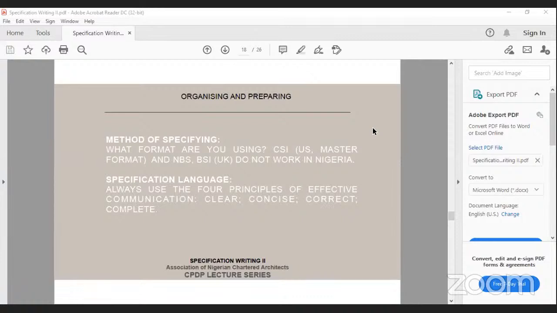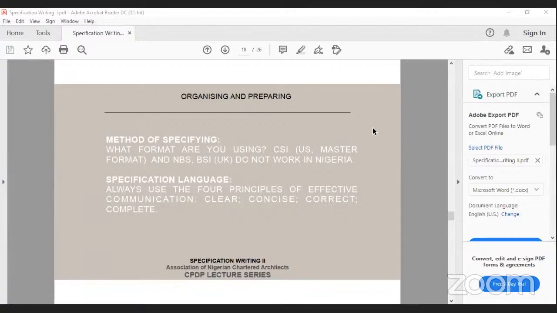Your communication must be clear, concise, correct, and complete. So by the time anybody picks up your documentation and is reading it, he or she or they must understand the language you are trying to get across to them.